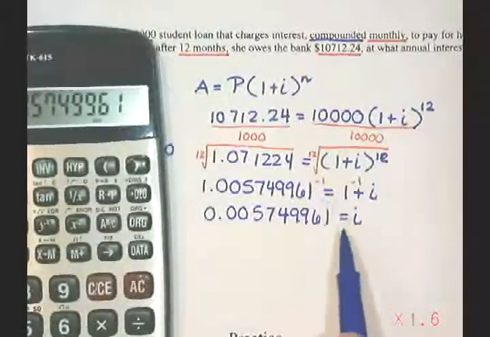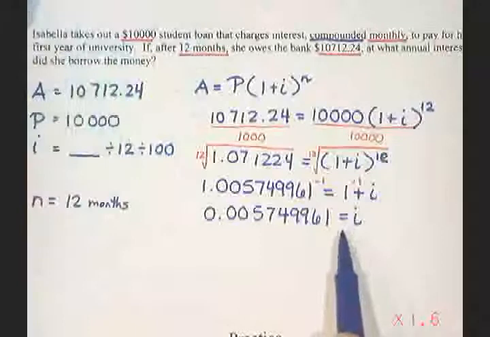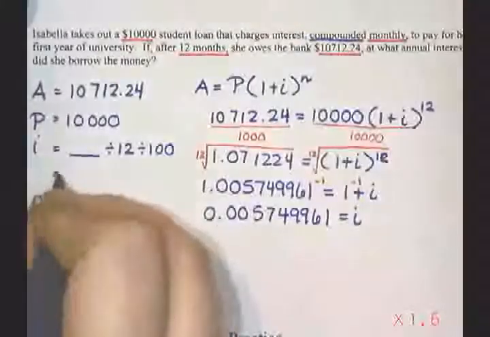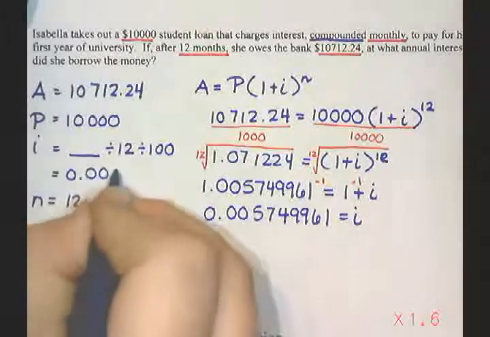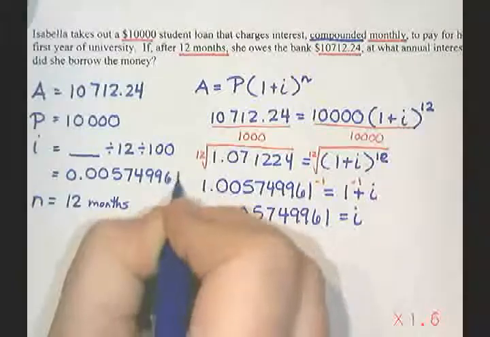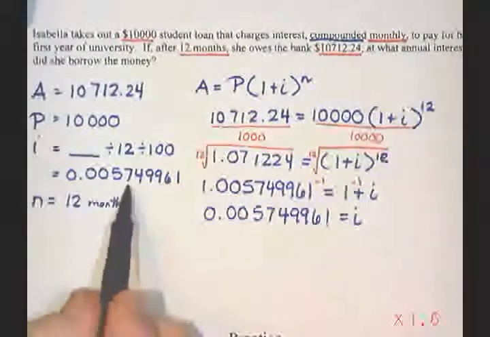So that's my value for i. Now you'll notice here, my value for i is 0.005749961.